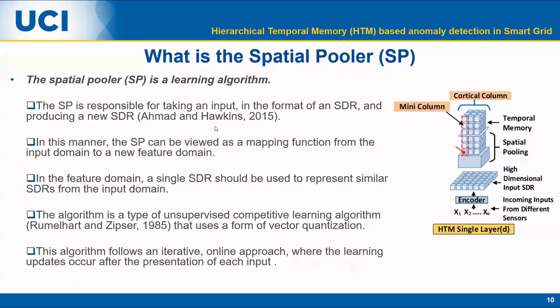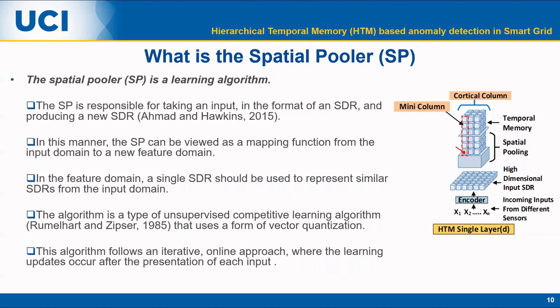After the encoder block, we are going to explain the spatial pooler block. The spatial pooler has a learning algorithm inside. The spatial pooler receives the SDR coming from the encoder as its input and converts this SDR into another SDR.